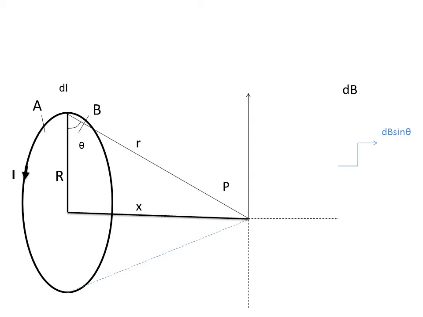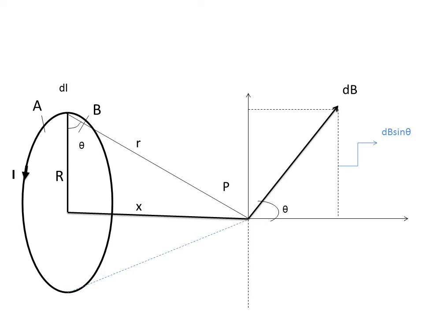We have studied that according to Biot-Savart law, the direction of dB will be perpendicular to both dl and r. In this figure we can draw dB perpendicular to r. So this is the direction of dB. Now the angle made by dB with the x-axis is theta. So the opposite side of the triangle is dB sin theta.